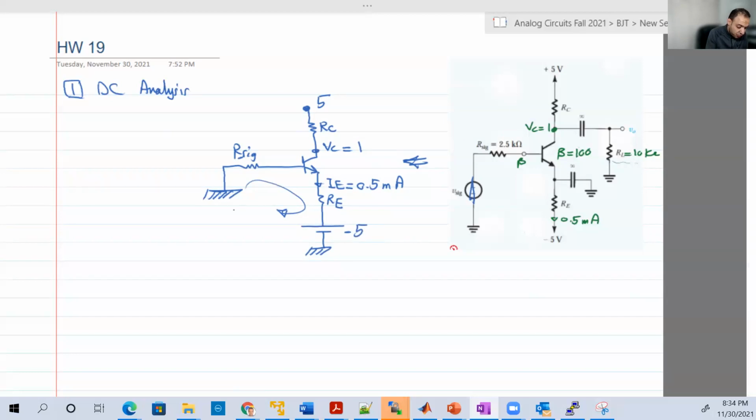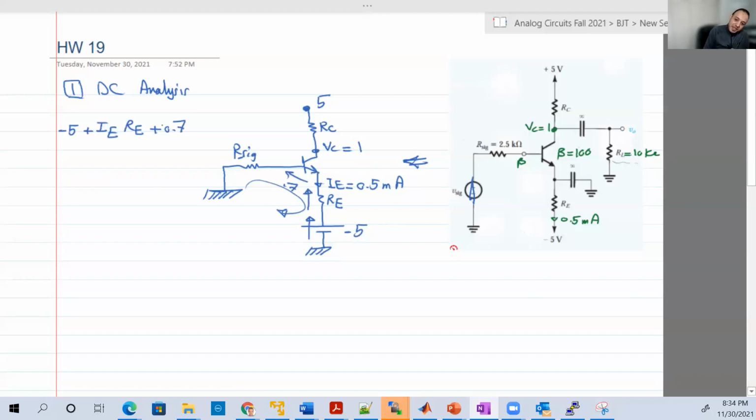So let's do a Kirchhoff for that loop here. So you have here the -5. You have here IE RE. You have here the 0.7, remember VBE.